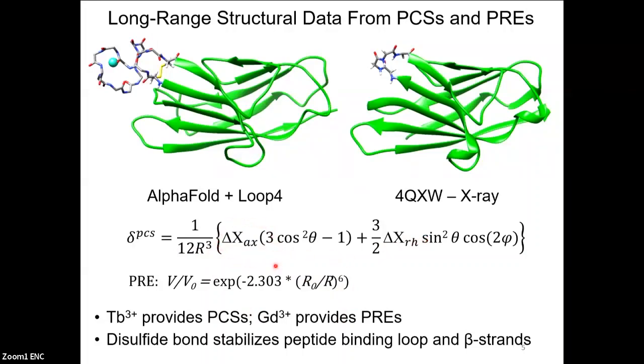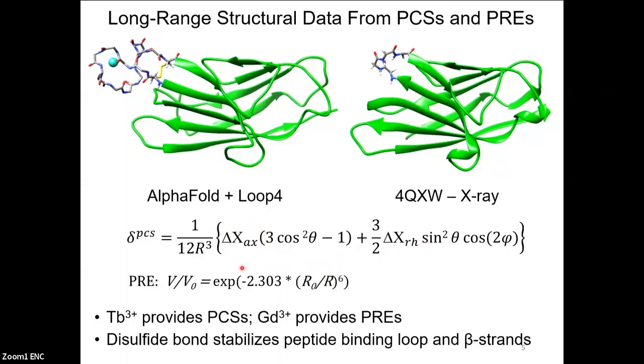However, you need to parameterize this, right? So for the pseudocontact shifts, you need to know where that ion is, and you need to evaluate the anisotropic, or the rhombic and axial, components of the susceptibility tensor.